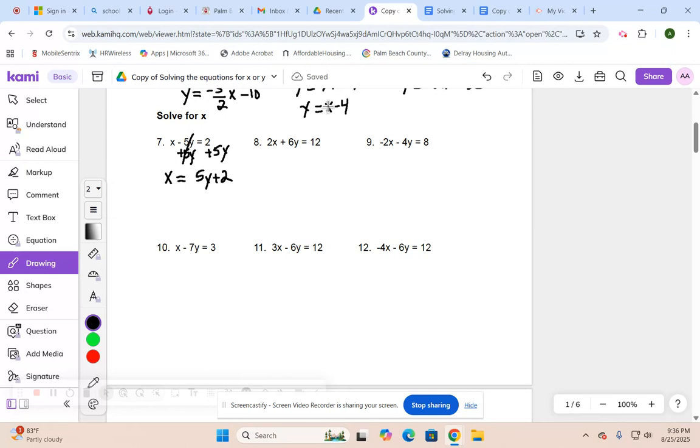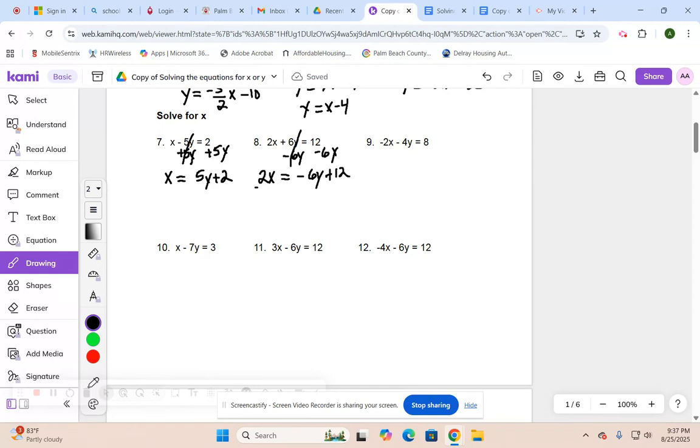We're going to do the same thing with number 8. We're going to subtract 6y from both sides. The y term will cancel from here. We'll have 2x equals negative 6y, this term, plus 12. We're going to divide through by negative 2 because we want to solve for x.